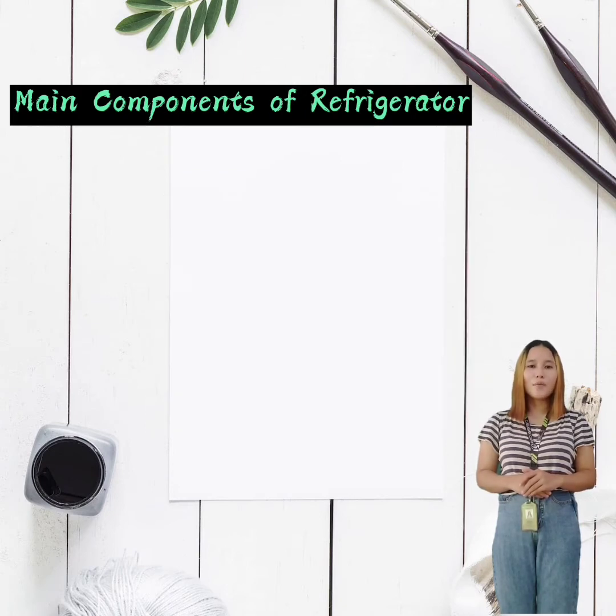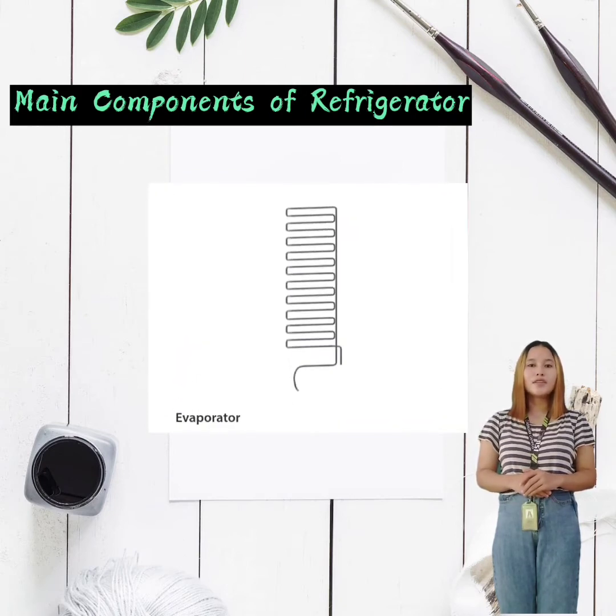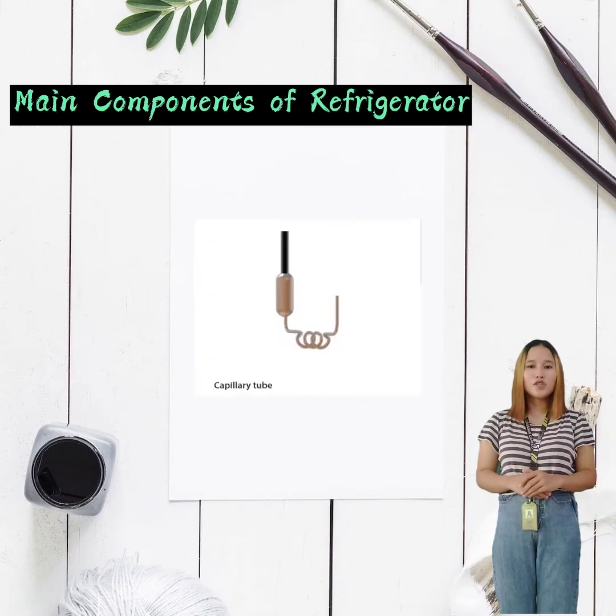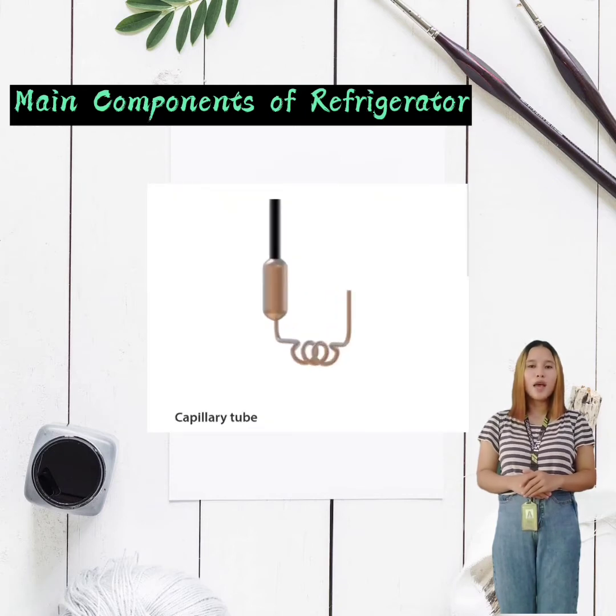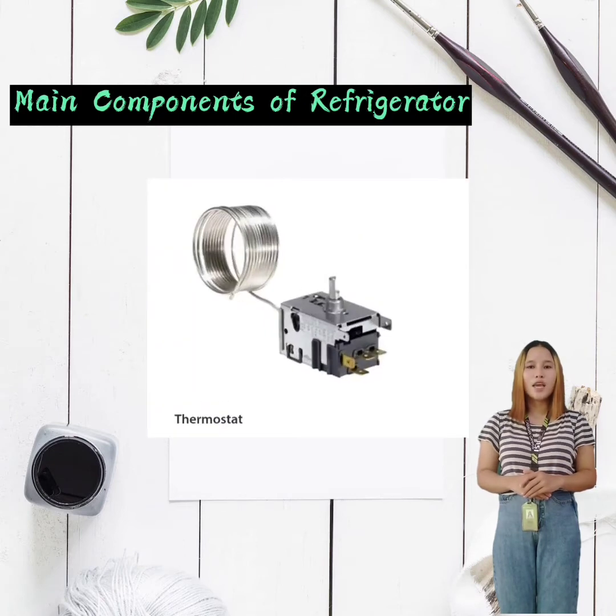Evaporator. It is located inside the refrigerator and it is the part that makes the refrigerator cold. 4. Capillary tube is a thin piece of tubing that serves as an expansion device. 5. Thermostat. It controls the cooling process by monitoring the temperature and then switching the compressor on and off.